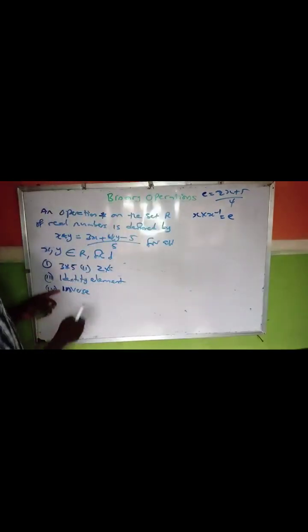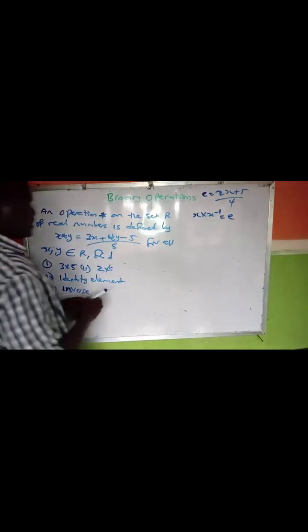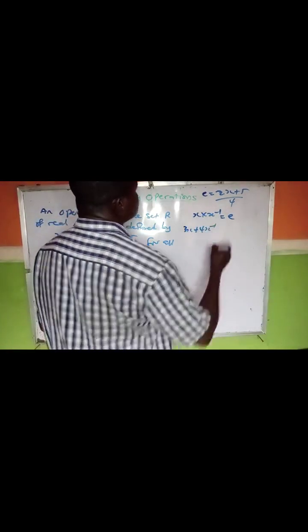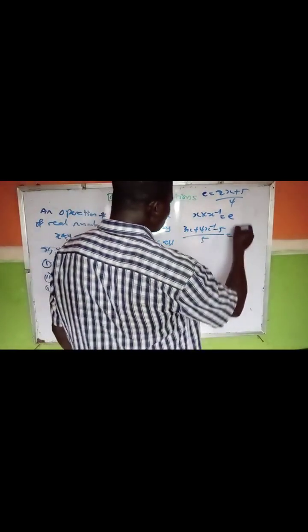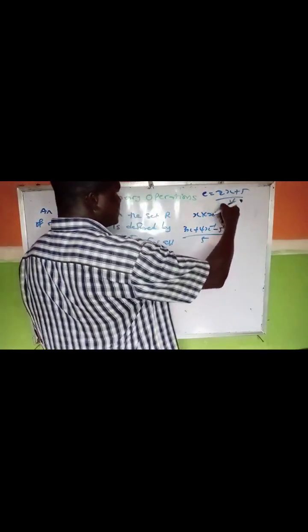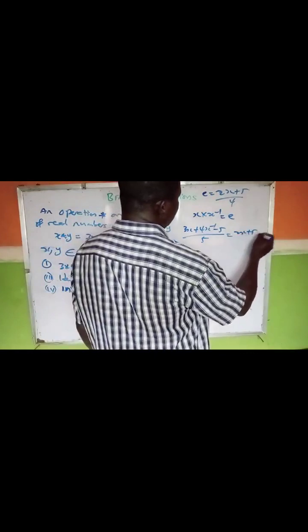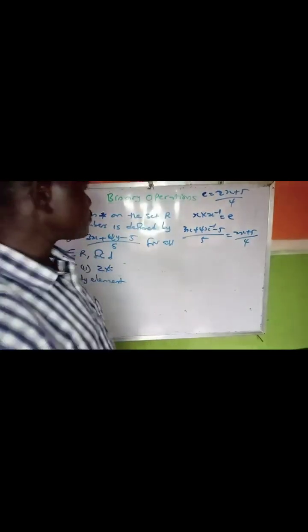So that is it. Now what you are going to do is replace this one with this. So you will have (3x plus 4x inverse minus 5) over 5 equal to e, the identity element. So what's the value of the identity element? It is (2x plus 5) over 4. I believe you are following.